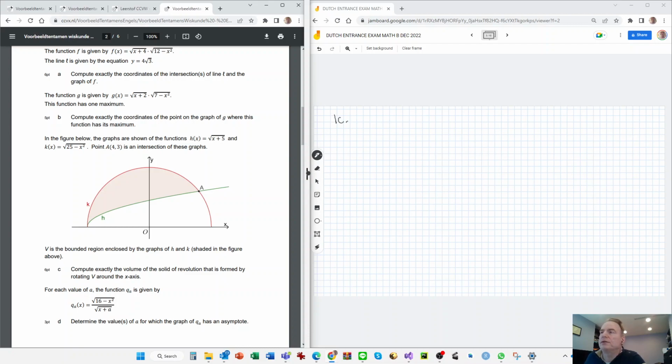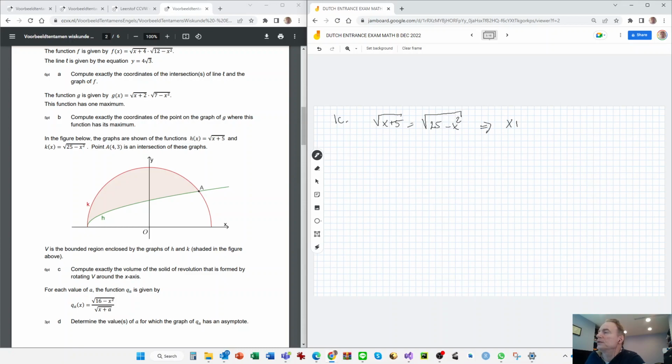So let's first find that. And it's at the square root of x plus 5 equal to, I think it just should be minus 5 probably. Minus x squared.